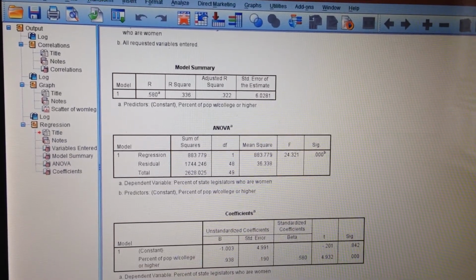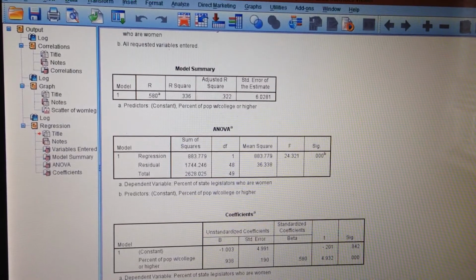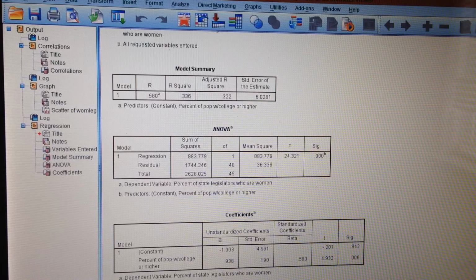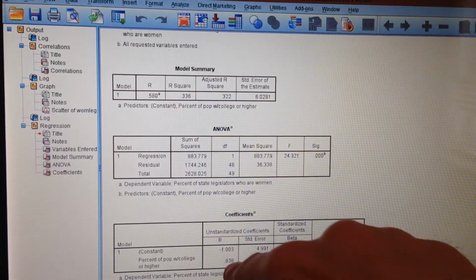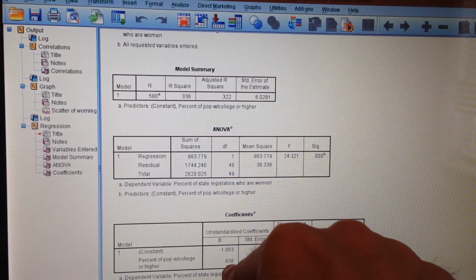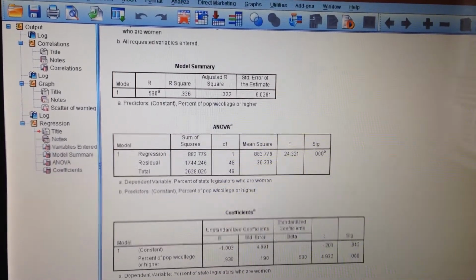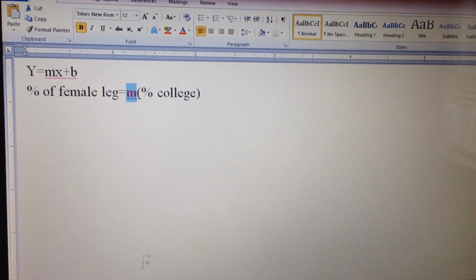The unstandardized coefficient is basically telling us that for every one movement of the independent variable, we will have this much movement in the dependent variable. Let me make that easy for you by using the example.